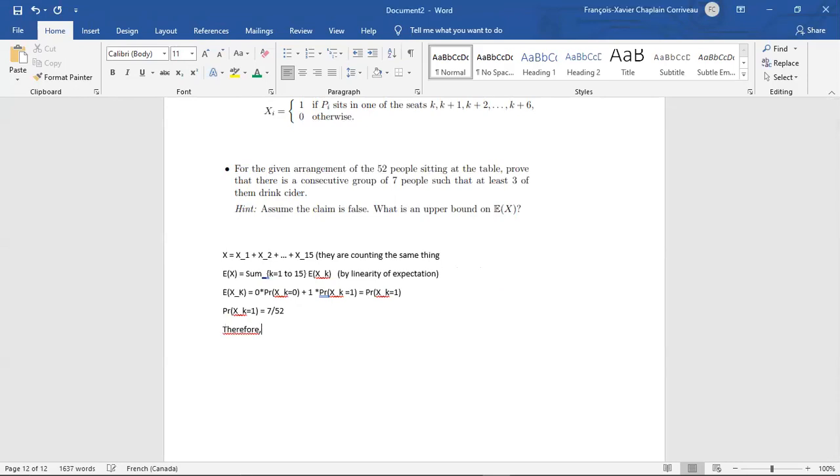So the expected value of x is equal to the sum from k equals 1 to 15 of 7 over 52. And what is this equal to?